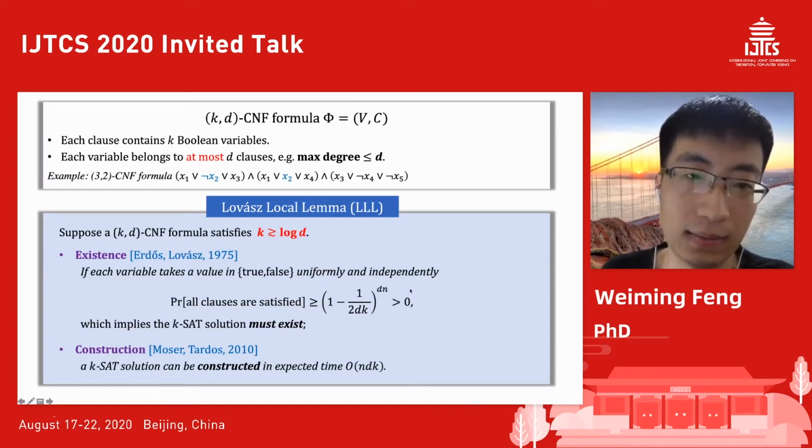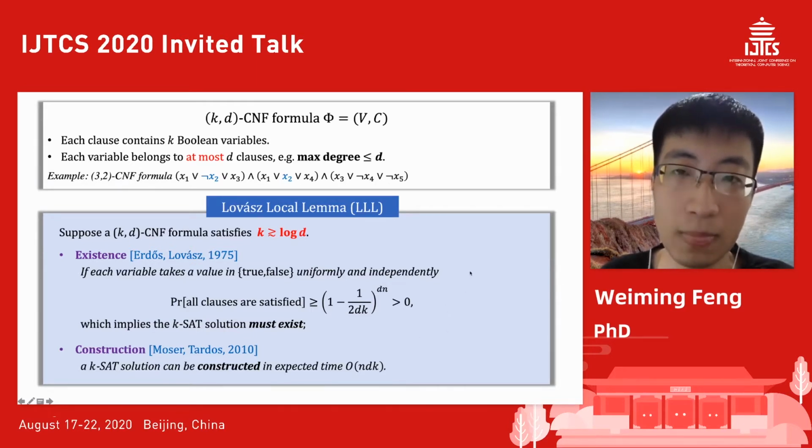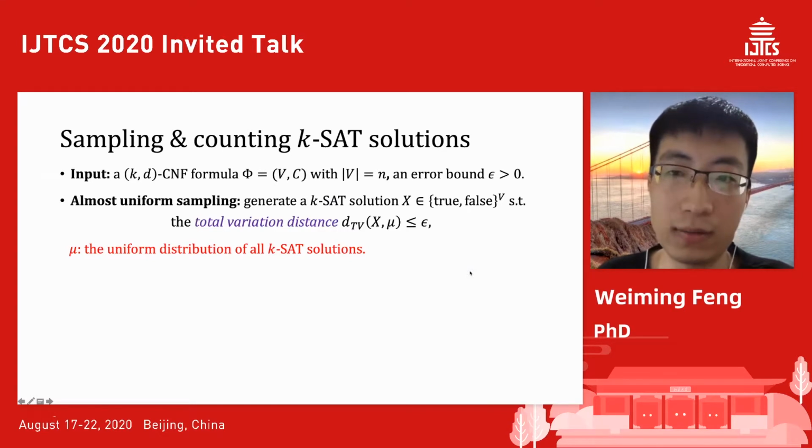This implies the SAT solution must exist. As we can see, this proof is non-constructive. Later on, Moser and Tardos came up with a famous algorithm that constructs a specific k-SAT solution in linear time under the same condition. Our work focuses on the sampling and counting problems.